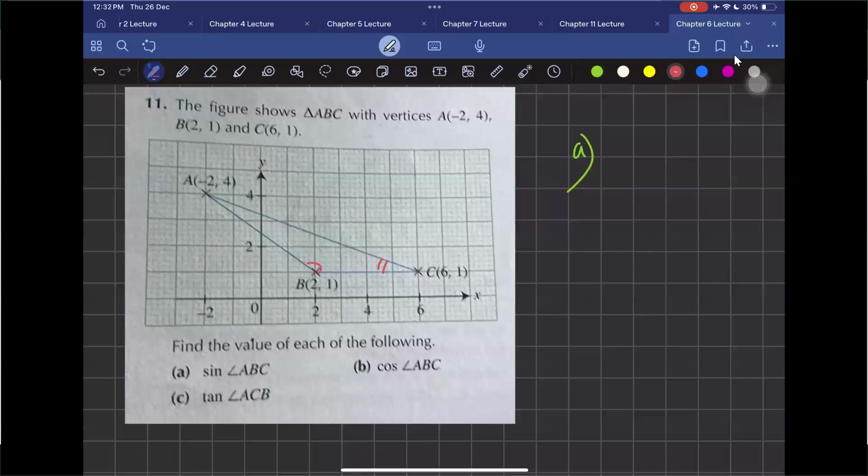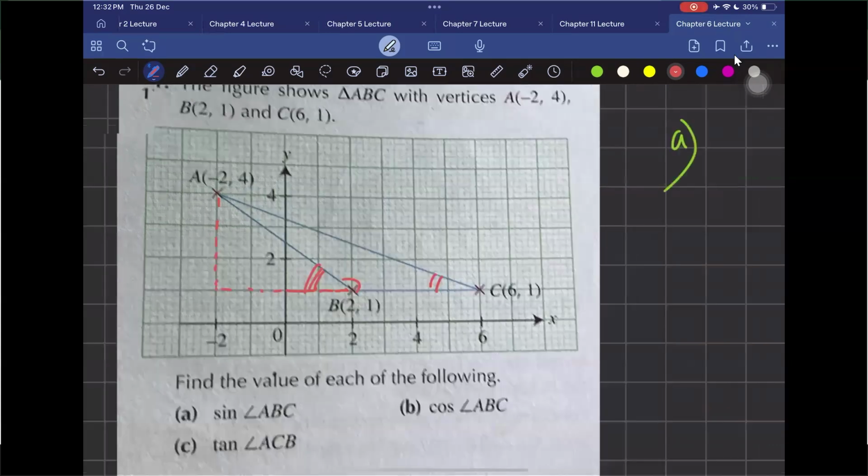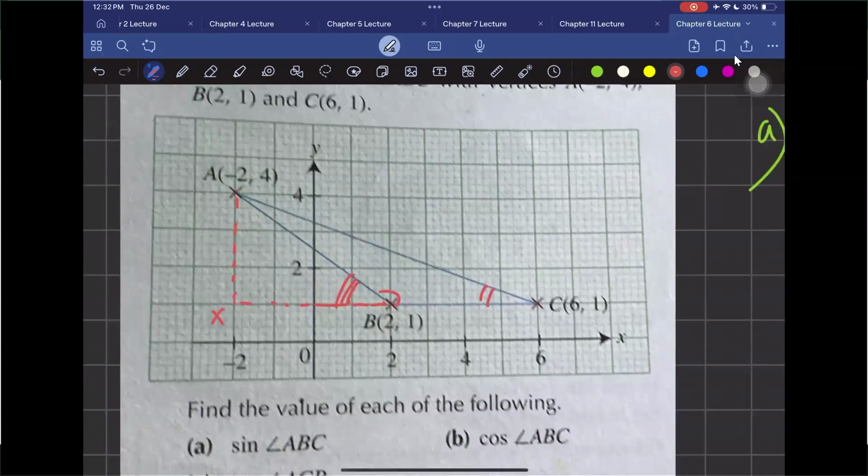So I'll mark out the angles first. This is the obtuse angle, right? So the acute angle is actually this angle. Let this be X. So your AX, this point is 2 comma 1, AX is equal to 3 units. How do I get 3 units?